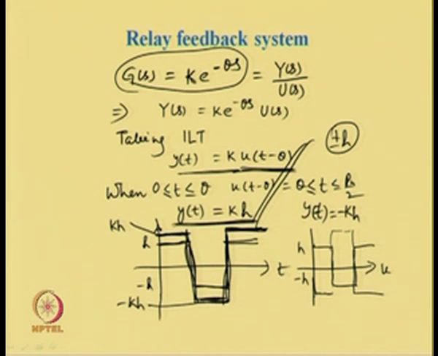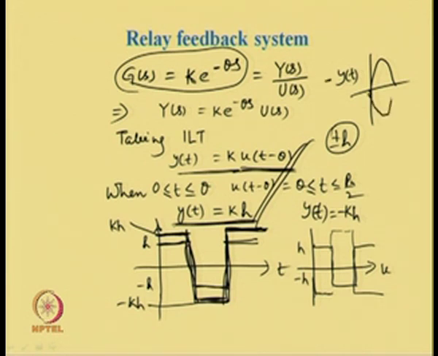Why is that so? As I have said, had there been no delay, then definitely you will get this form, because the relay is such a device that it acts on the negative of the input. So, when the output y(t) is positive, as we have seen earlier, at that time the input to the relay is minus y(t).